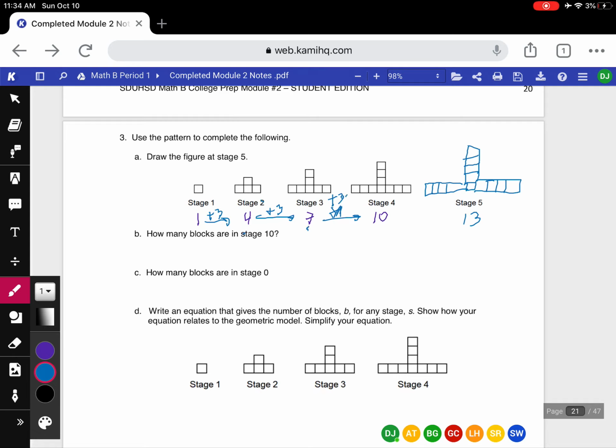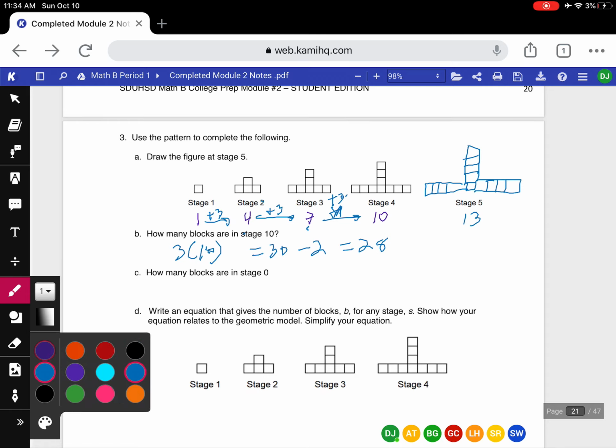And then 3 times 4 is 12, and my answer is 10. So I notice that I'm increasing by 3, but I'm always 2 less. So my guess is I'm going to do 3 times 10 to get 30 blocks, but I'm always 2 less than 3 times the stage number. So my guess is 28.